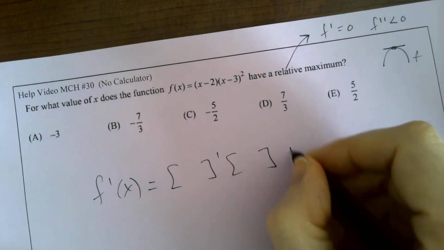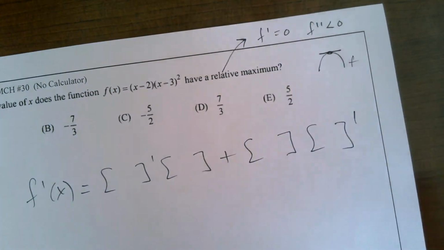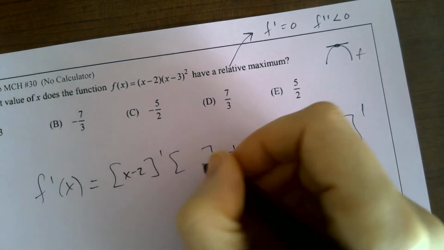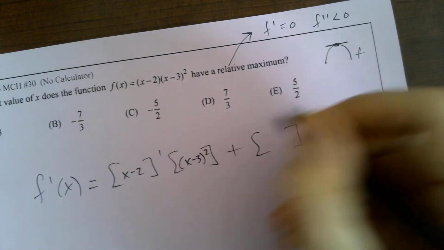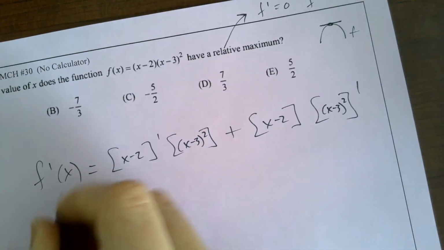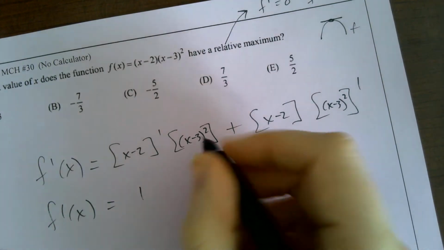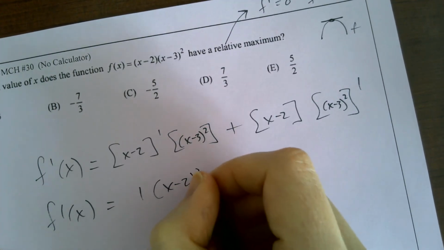So this is product rule, remember? And then x minus 2 goes in there, x minus 3 squared. So f prime of x: the derivative of this is just 1, and this just comes down. Nope, that's a 3.